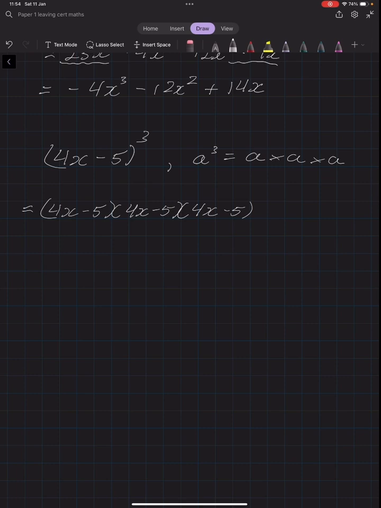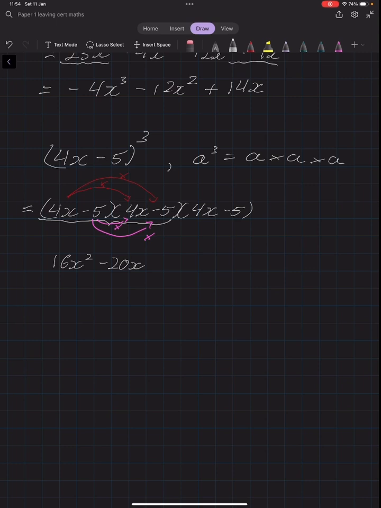So now, again, I'm just going to multiply these two things together first. So 4x multiplied by 4x is 16x squared. 4x multiplied by minus 5 is minus 20x. Just to be completely clear and transparent, it's this by this, this by this, this by this, and this by this.